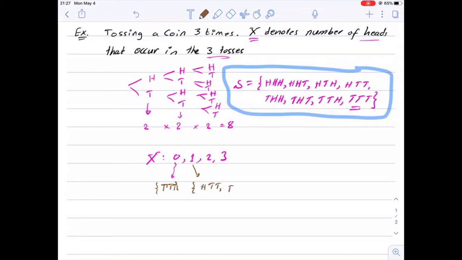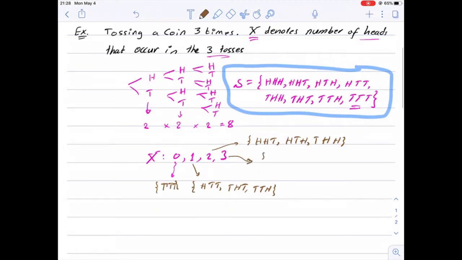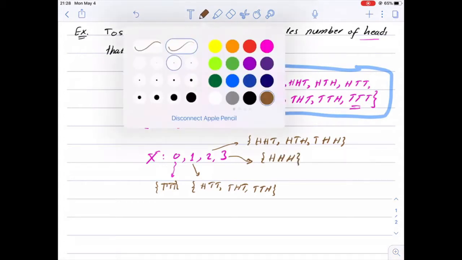So head, tail, tail; tail, head, tail; or tail, tail, head. 2 means 2 heads can occur. And that means we have head, head, tail; head, tail, head; and tail, head, head. 3, the value of the random variable is 3. That means the head appears 3 times, and that occurs just once.